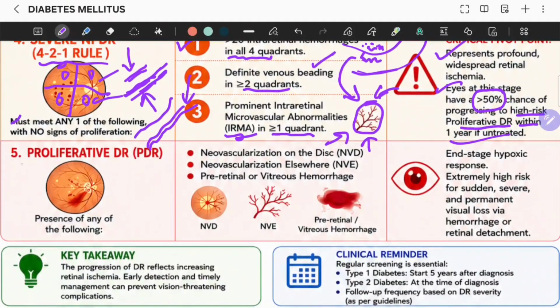Next is the last and the worst, PDR, proliferative diabetic retinopathy. You will call it proliferative if one among the 3 is present: neovascularization at the disc, formation of new blood vessels anywhere except the disc, or pre-retinal or vitreous hemorrhage.